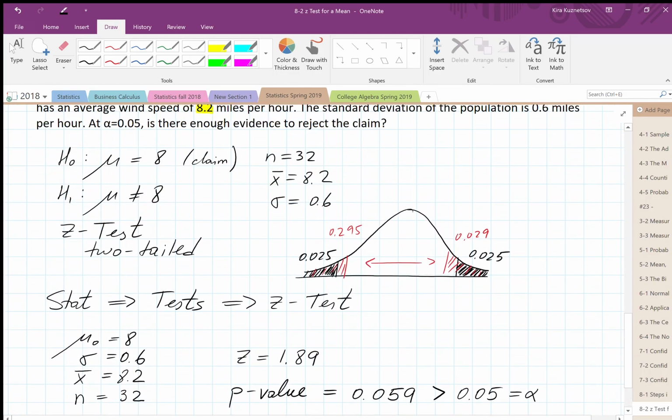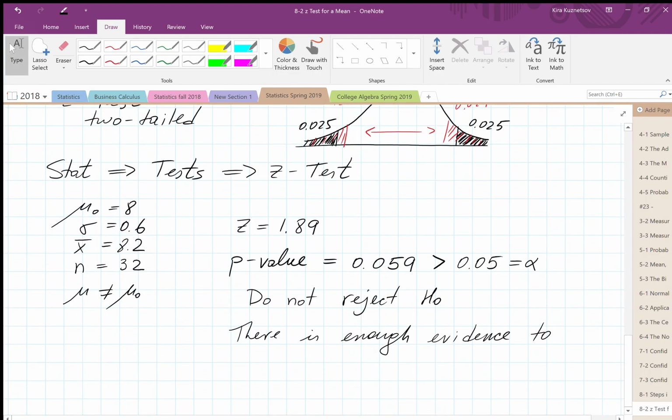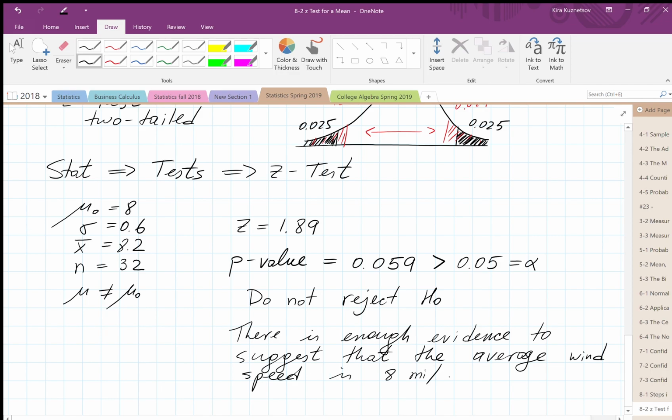So there is enough evidence to suggest that the average wind speed is 8 miles per hour.